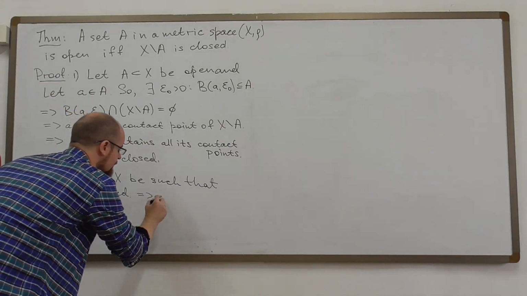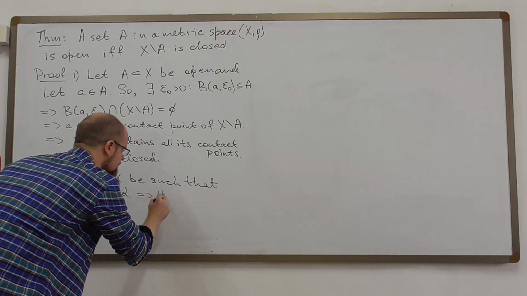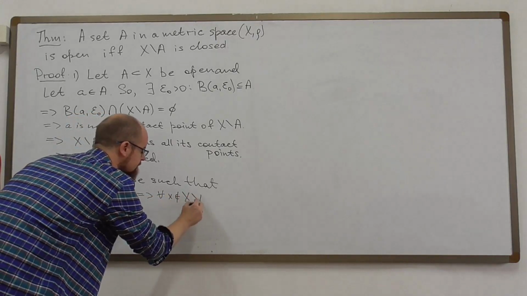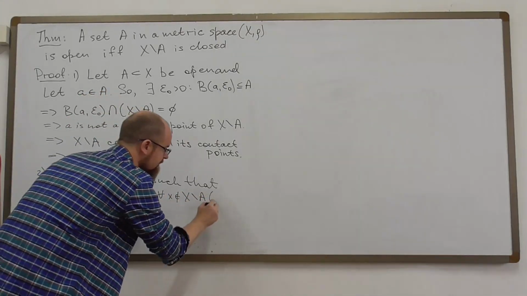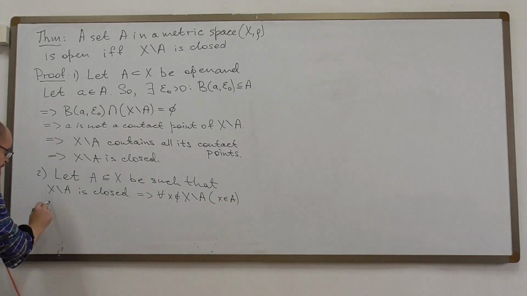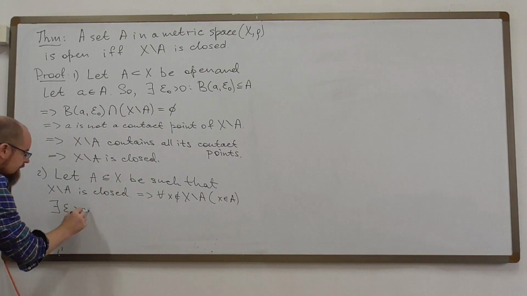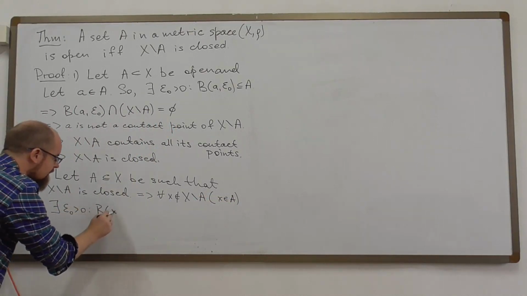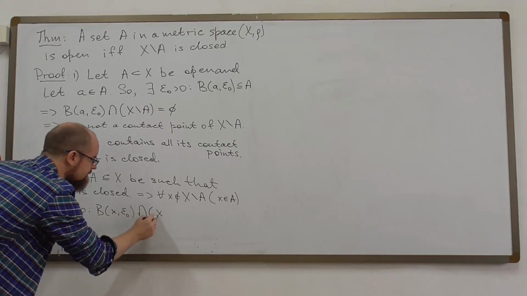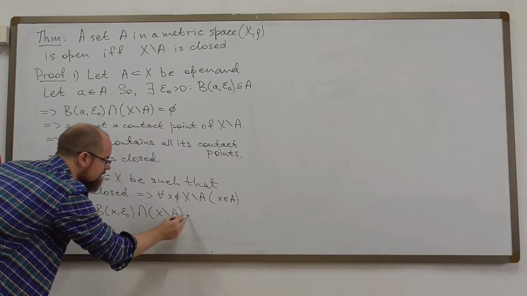Hence, for every point x which does not belong to X minus A, but this means that x belongs to A, there exists epsilon 0 greater than 0, such that the ball centered at this point x does not intersect this set.